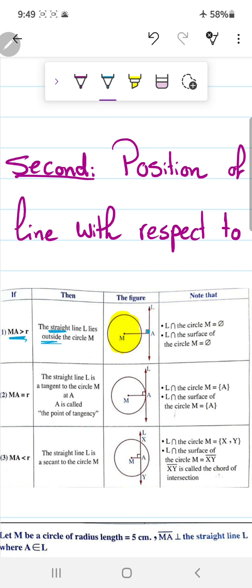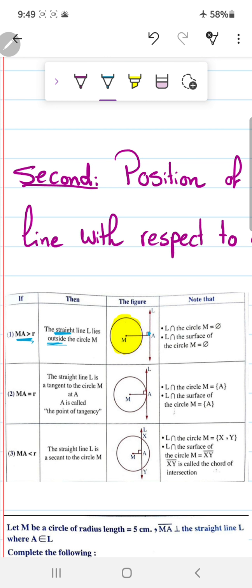Number 2, if MA equals R, it means here the straight line L is tangent to the circle at A. It means we have a straight line L perpendicular to MA. And we call L a tangent, and A here is called the point of tangency.